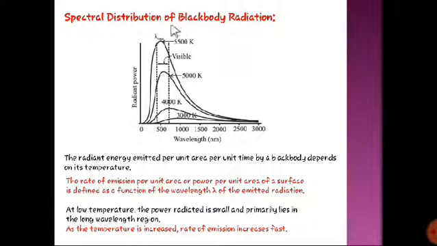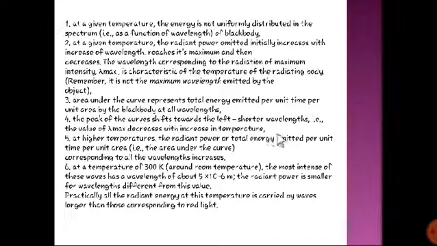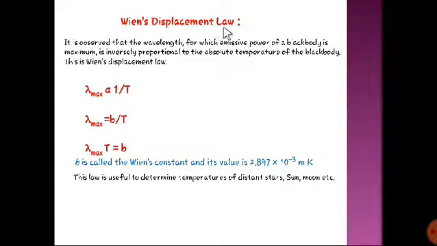So by using this graph, what you can observe is that as we increase the temperature of a black body, the peak of the graph is shifting towards the left, and the wavelength goes on decreasing. This is nothing but Wien's law. Why is displacement written over here? As the peak is displaced. This is Wien displacement law.